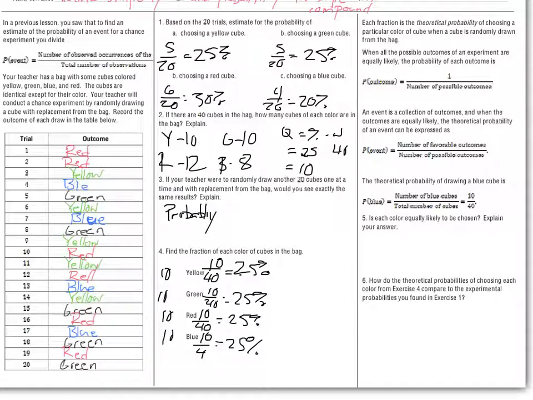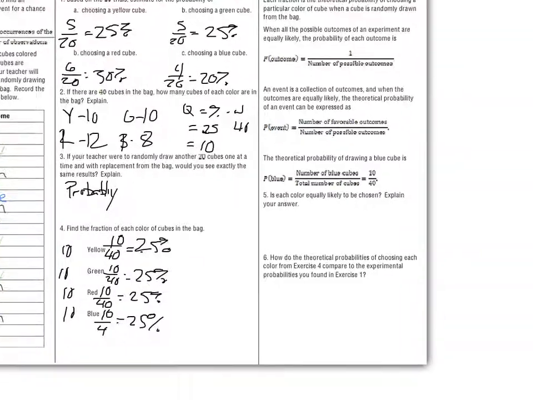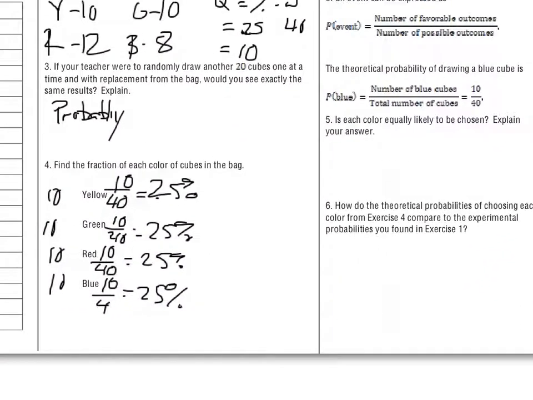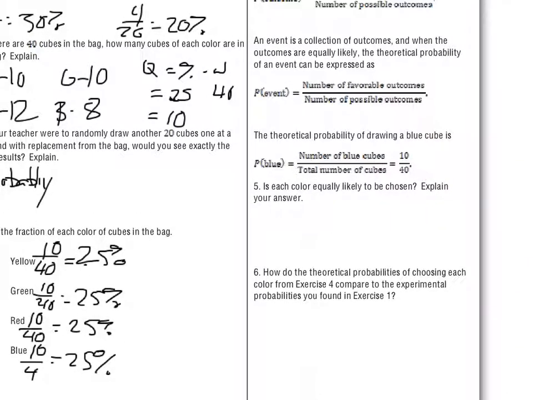But when we look down at the theoretical probability, we see that theoretically each of these has a 25% chance. So theoretically, this is equally likely. So is each color equally likely to be chosen? I would say yes. They have the same theoretical probability.